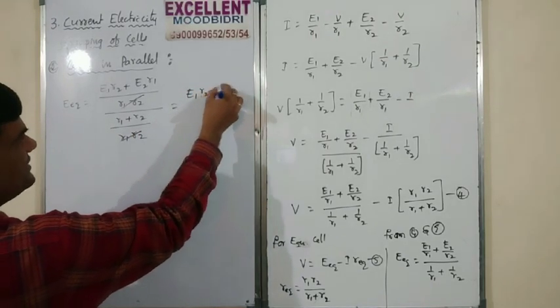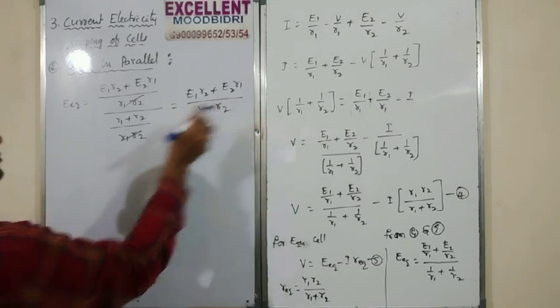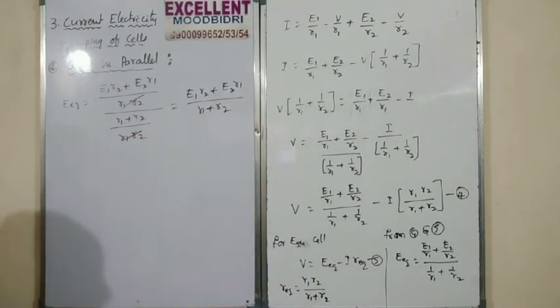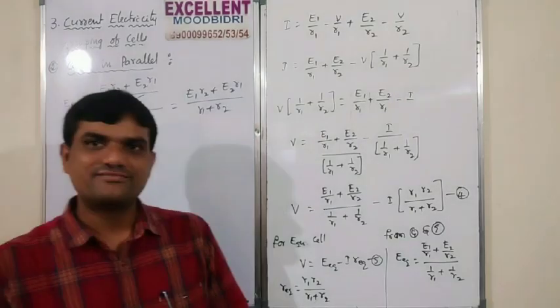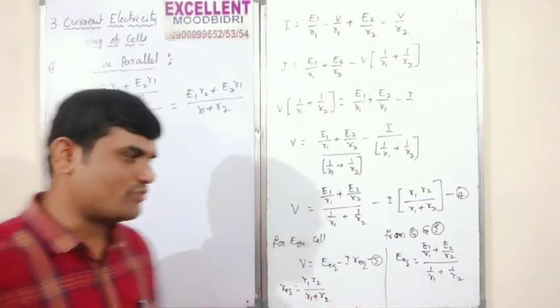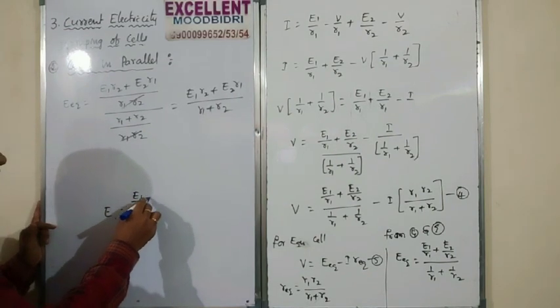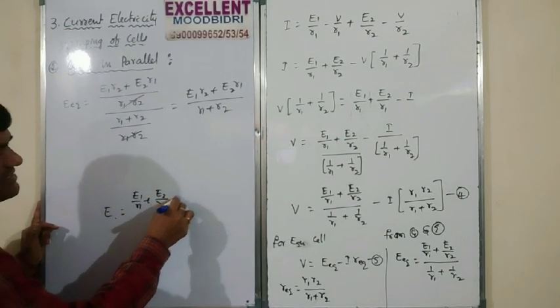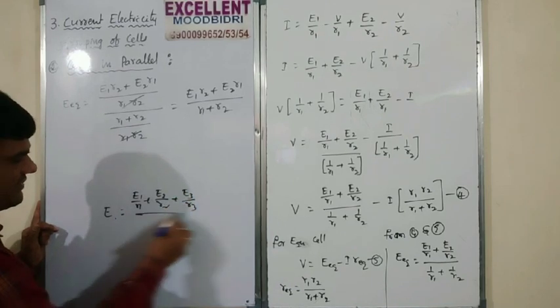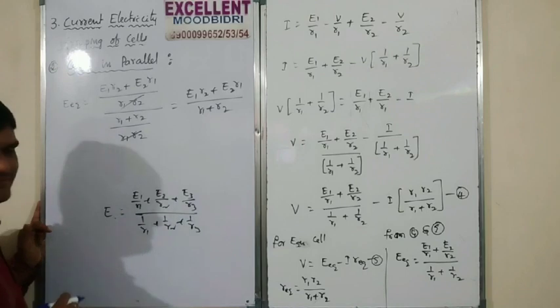E1 R2 plus E2 R1 divided by R1 plus R2. This is the E equivalent. For two cells it is very easy. For example, if 3 cells are there, then you have to use this formula: E equivalent is equal to E1 by R1 plus E2 by R2 plus E3 by R3 divided by 1 by R1 plus 1 by R2 plus 1 by R3.